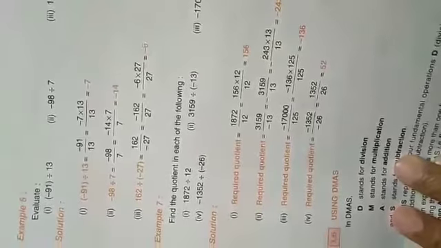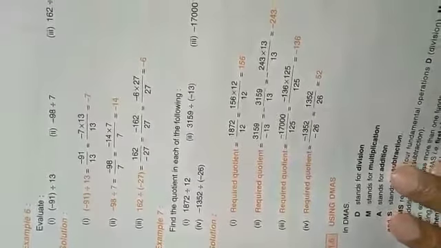So minus 132 by 11, and 132 is 12 into 11 by 11. So in case of division, if the signs of the two integers are opposite, then the ultimate answer will be negative. So the value here is minus 12. Okay. In the same way, you can solve example number 6 and example number 7.